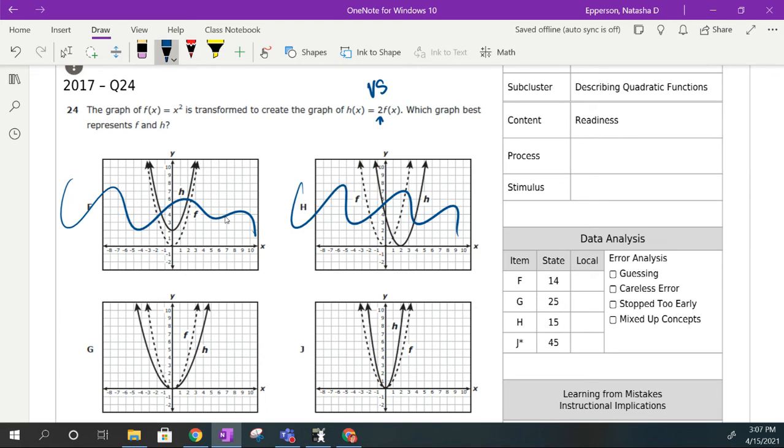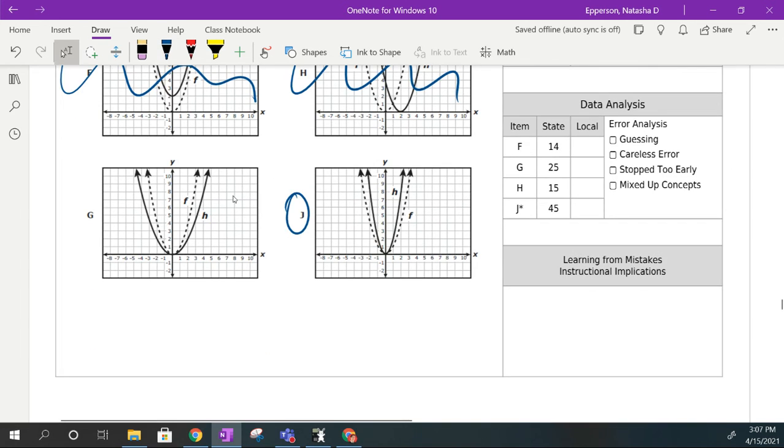The dotted line is our f of x because it says f, and then the solid line is going to be our h. If it's 2 f of x, it's a vertical stretch. That means the h needs to be more narrow than the dotted line, so that gives us our answer choice, J.